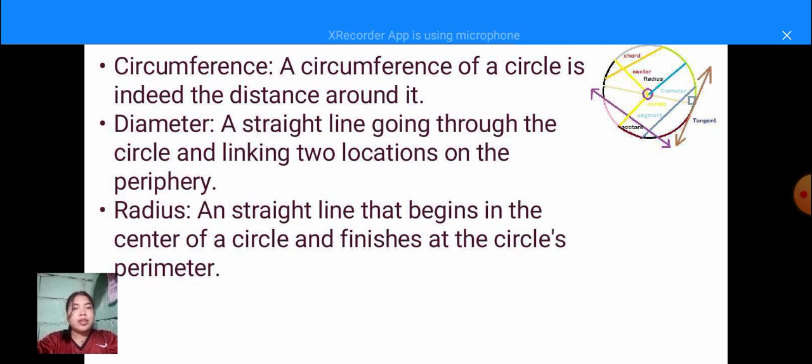Next, diameter: a straight line going through the center of the circle and linking two locations on the periphery. Radius: a straight line that begins at the center of the circle and finishes at the circle's perimeter.